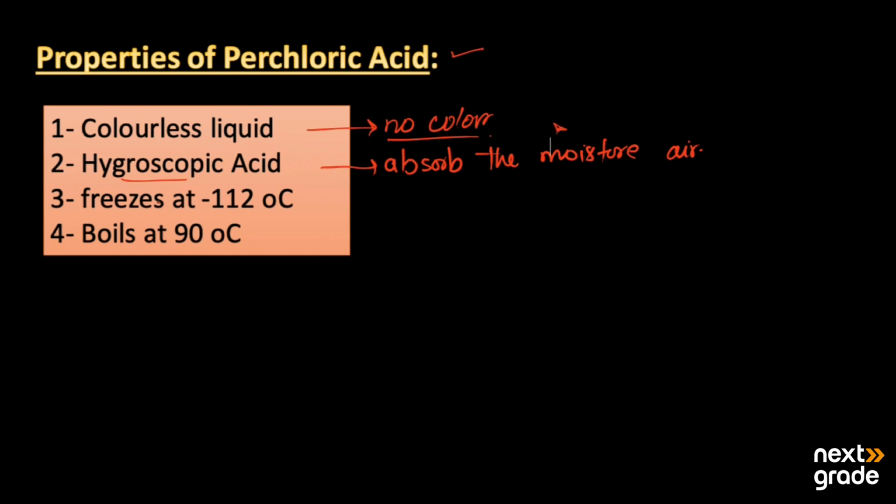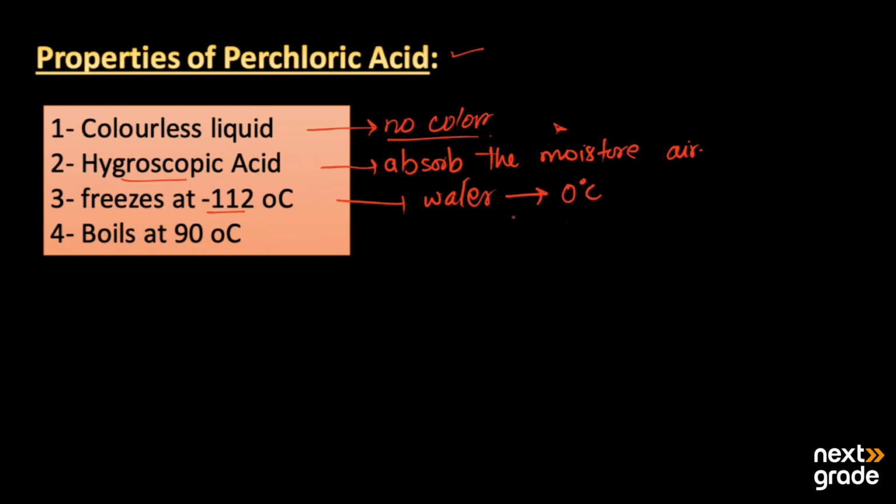The third property is its freezing point, which is -112 degrees Celsius. That is a very low freezing point. If we compare it with water, the freezing point of water is 0 degrees Celsius, while for perchloric acid it is -112.